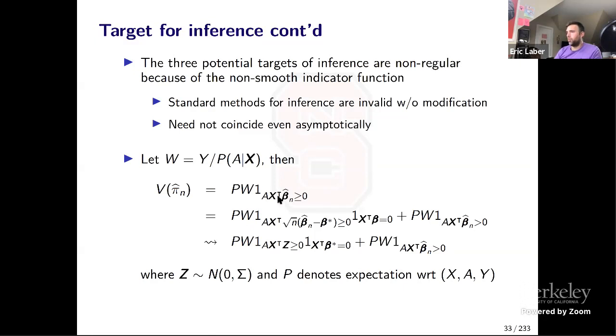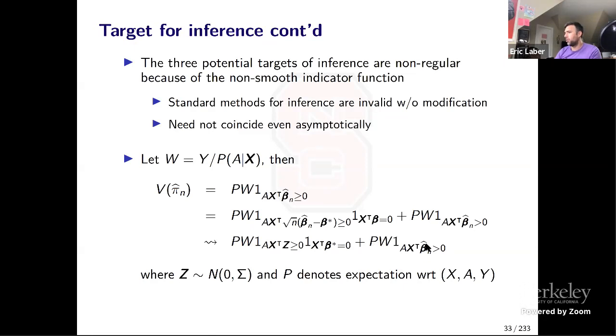And I can multiply inside this indicator both sides by root n, and I can also break it up by whether or not X transpose beta star is equal to 0. So if it's equal to 0, I can multiply by root n, and I can subtract off beta star. That doesn't affect anything. And so what happens now is if I take the limit, I get convergence in distribution to this thing, which is expectation over W, A, and X of W indicator A X transpose Z greater than 0, indicator X transpose beta star is 0, plus a constant. This expectation is not over Z.